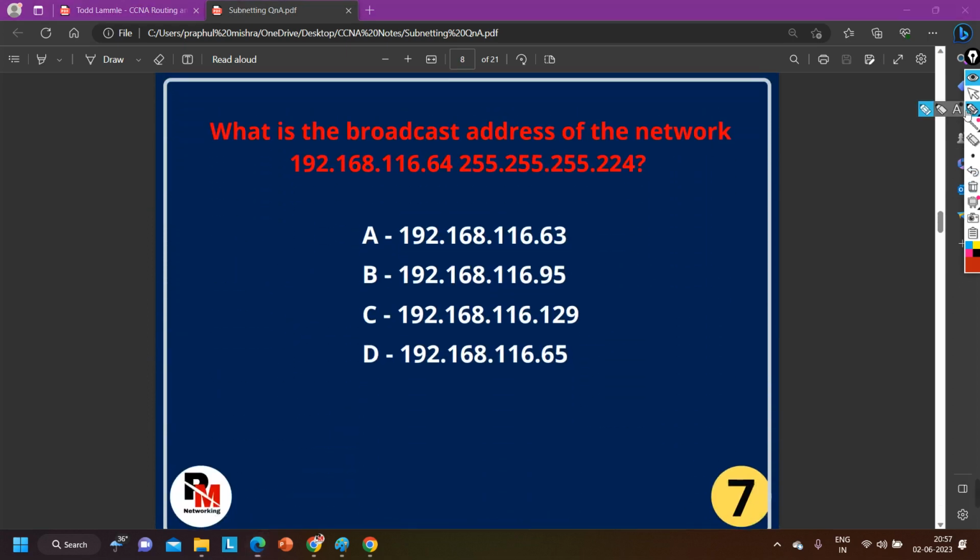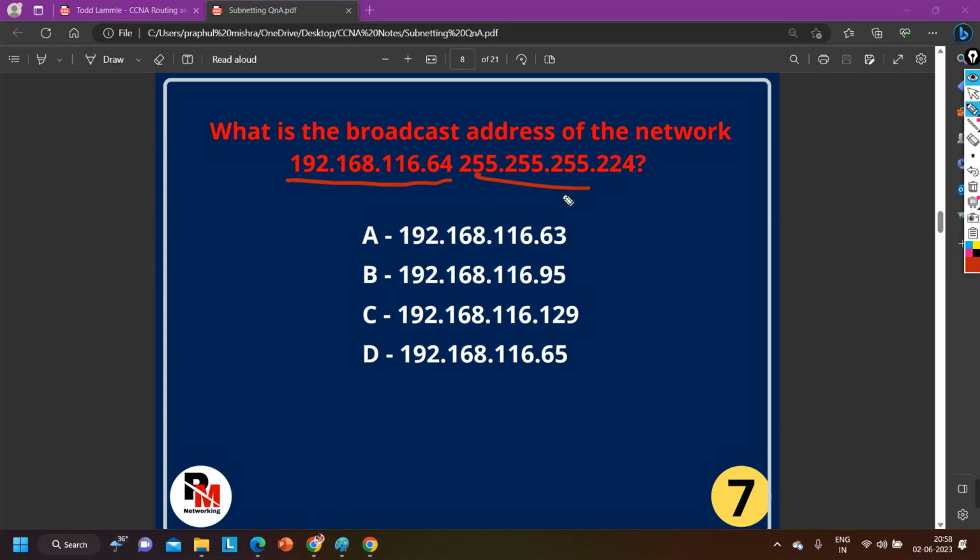What about this question? What is the broadcast address of this network with this subnet mask? You need to find the broadcast ID now.